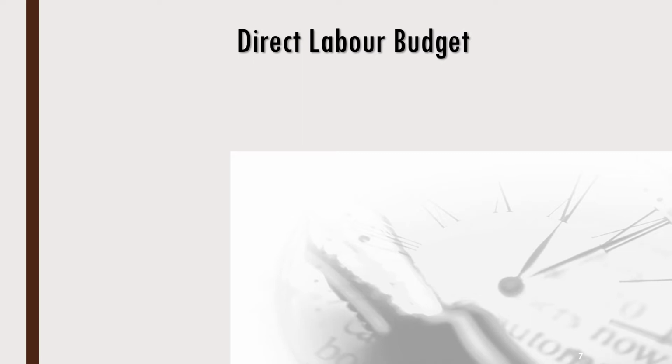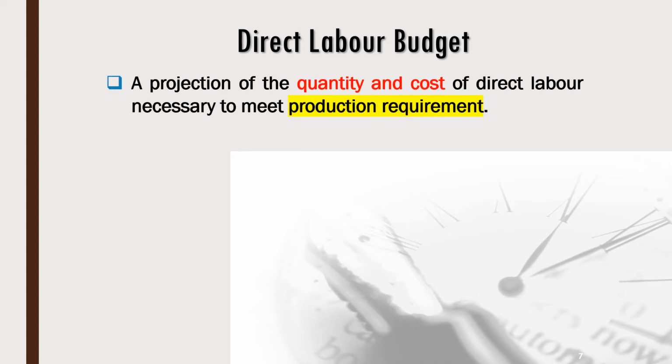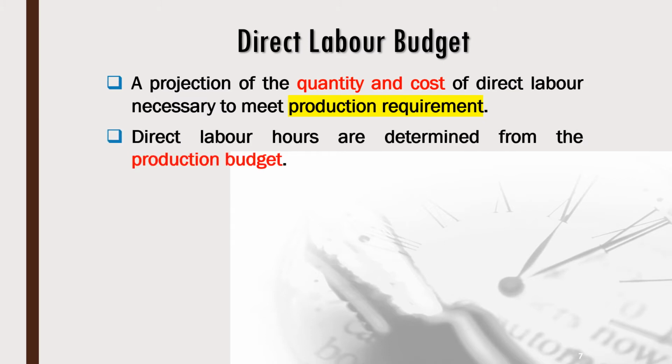Direct labor budget. The direct labor budget is a projection of the quantity and cost of direct labor necessary to meet production requirements. Direct labor hours are determined from the production budget.